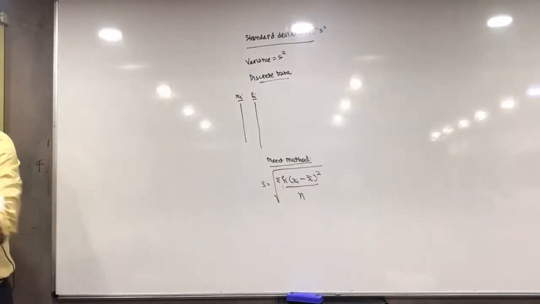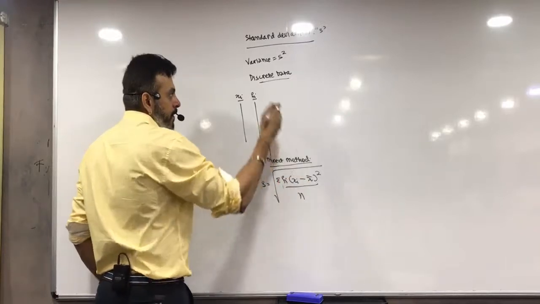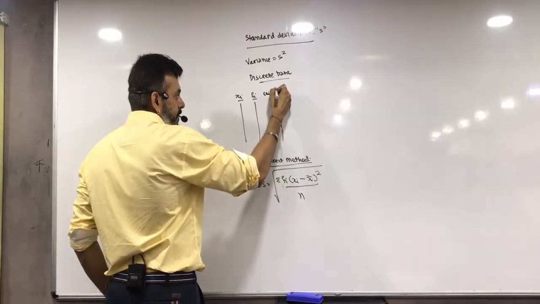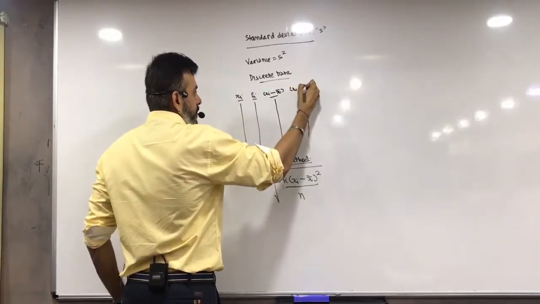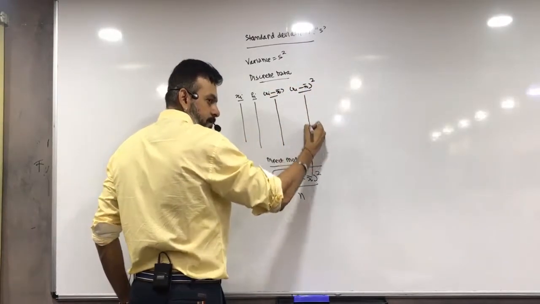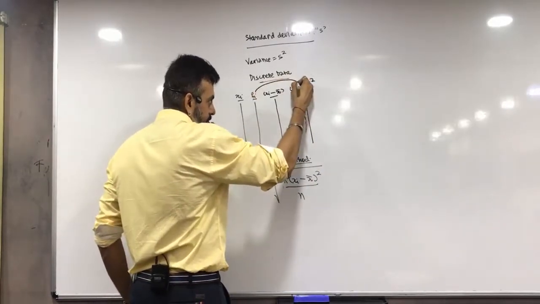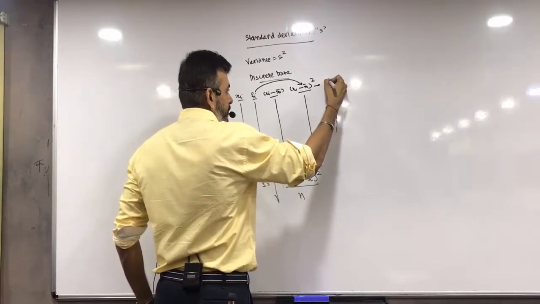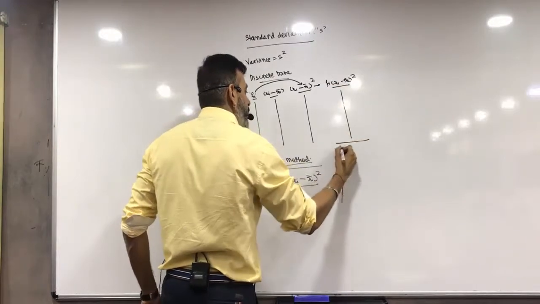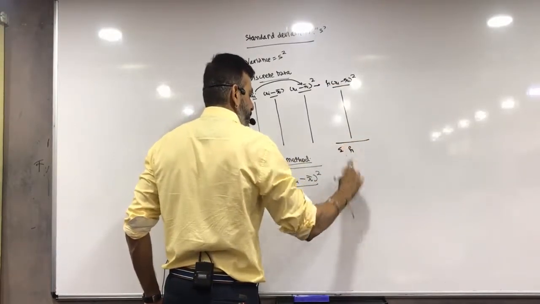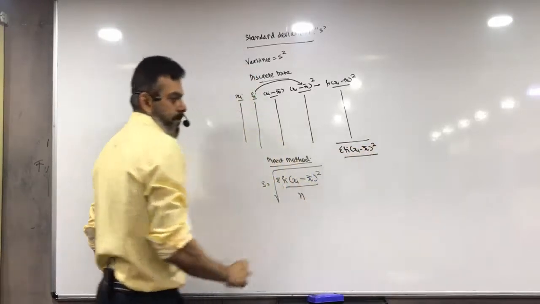It means we first have to find the mean, then we find xi minus x bar, then xi minus x bar the whole square, and then multiply by fi, so fi into this is fi (xi minus x bar) the whole square, and then we get sigma fi (xi minus x bar) the whole square.